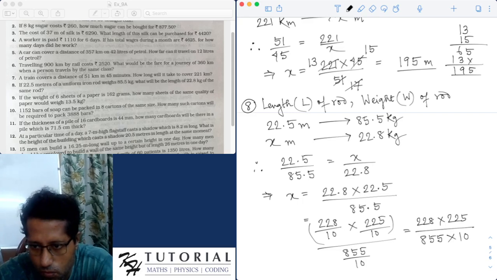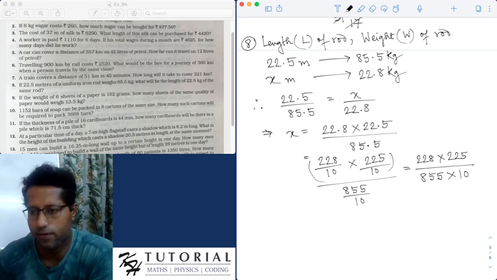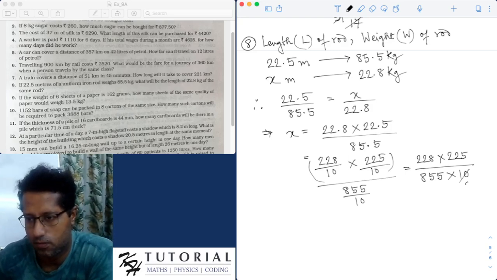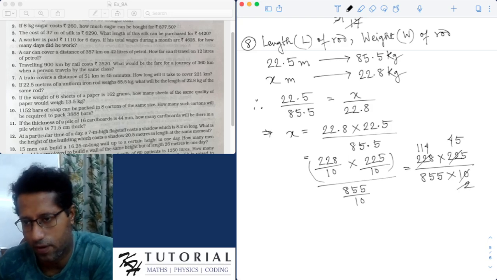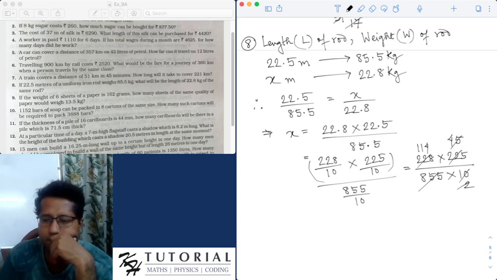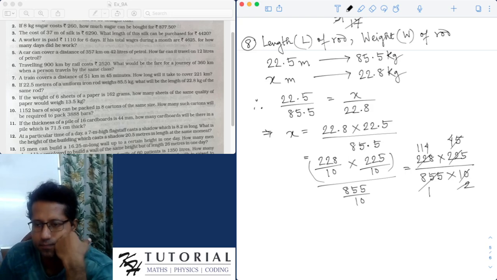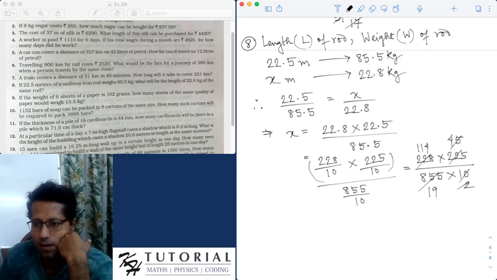Now if you simplify this, okay, so 5 divides 10 2, and this is 45. 2 divides 28 with 114, and 45 I guess will divide 855 with 19. So 114 divided by 19.